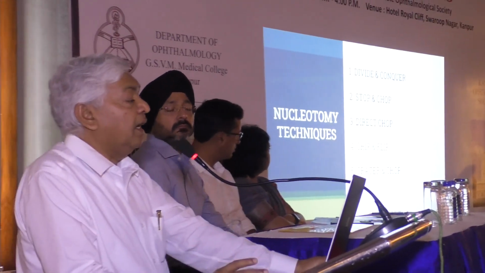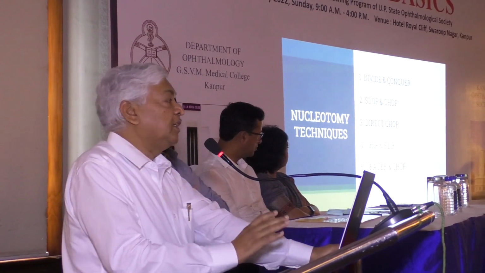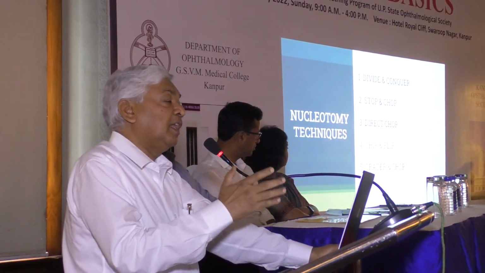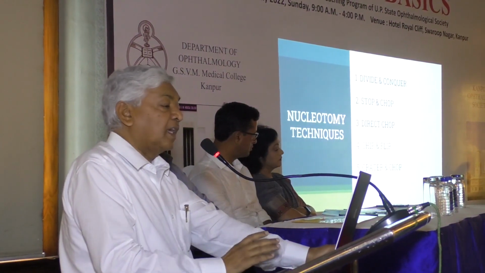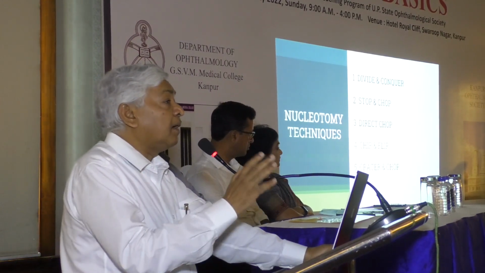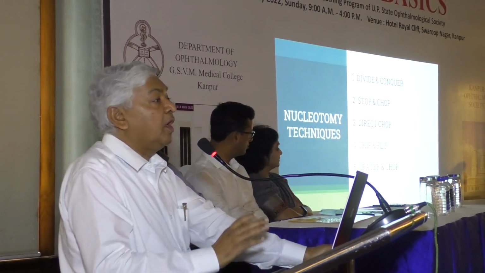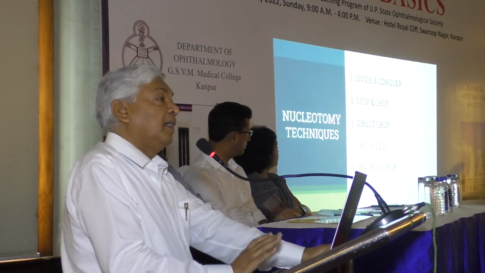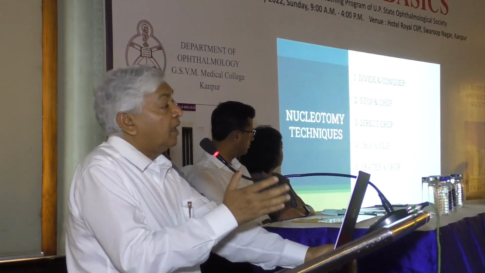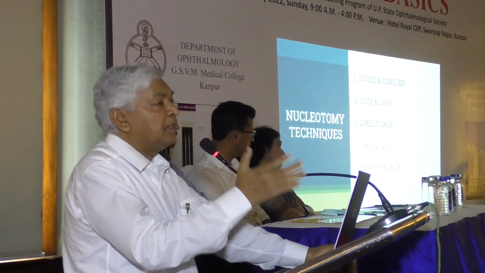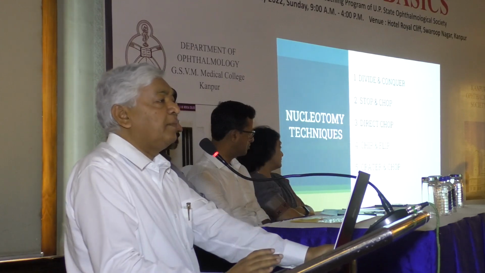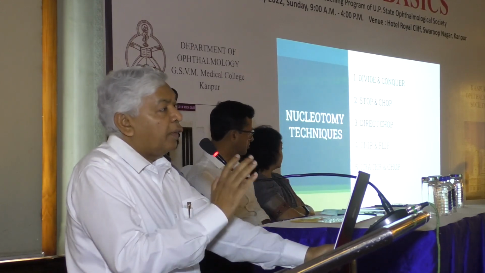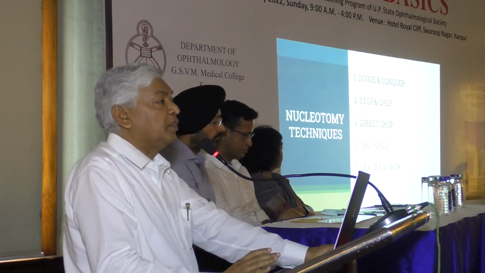So the delivery of phaco energy will be less, nuclear damage will be less, so the result is excellent. So I am coming back to the basics, because PGs should learn this part. As you know, there are much more advanced, different methods of nucleotomy, but you should know at least the basic principle.